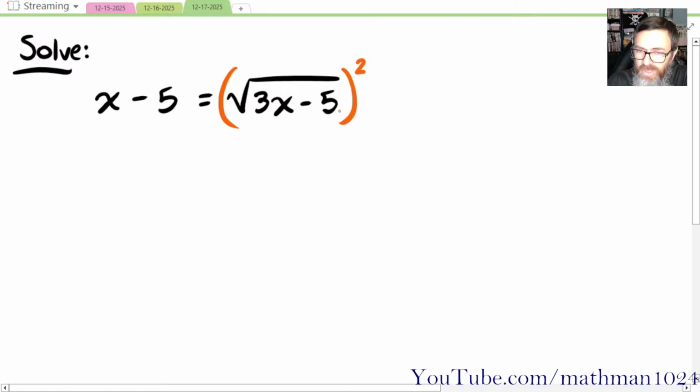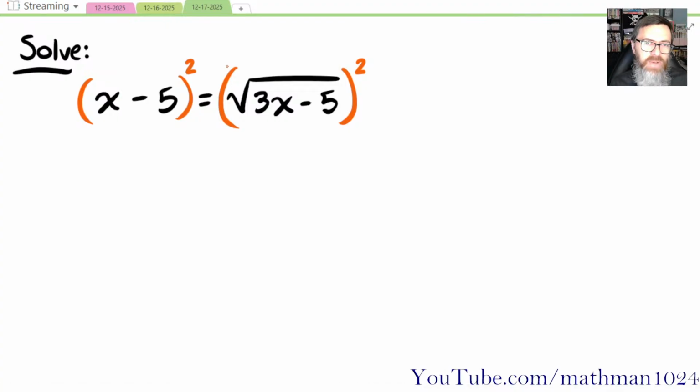Now be careful. What you do to one side of the equation, you do to the other side of the equation. You do not distribute a square. So don't go, oh, this is x squared and -5 squared. That's not how it works. You're squaring that binomial.